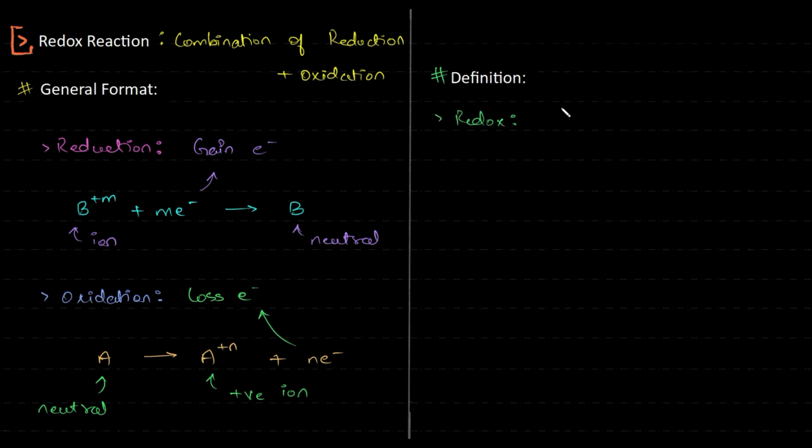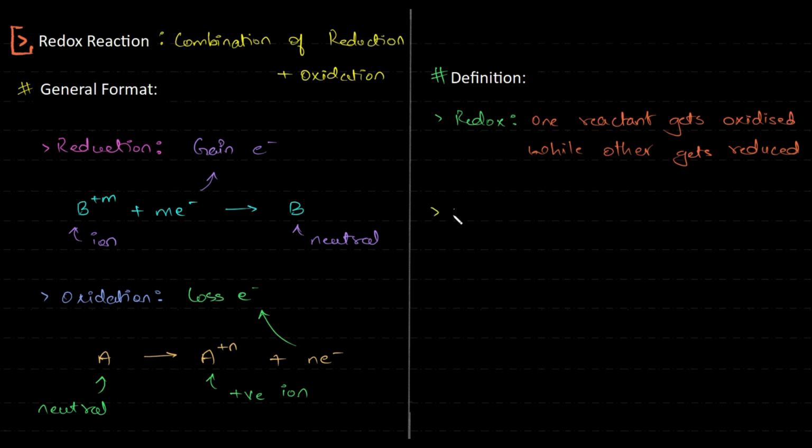Redox is to do with one reactant gets oxidized, that is they lose electron or electrons, while other gets reduced. Other will gain the electron.